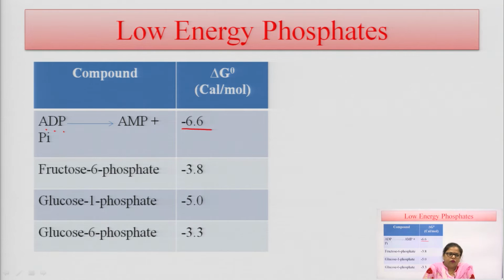Glucose 1 phosphate gives minus 5, and glucose 6 phosphate, an intermediate of glucose metabolism, gives minus 3.3 per mole. These are all low energy phosphates.